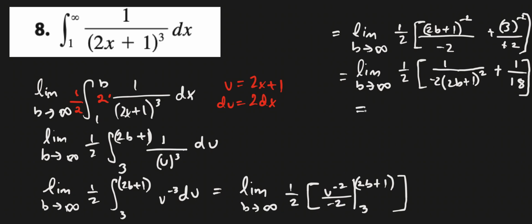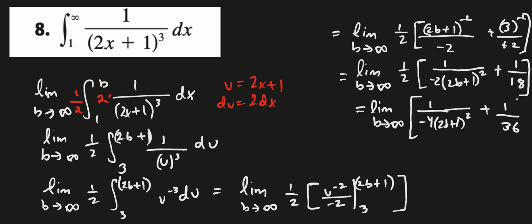So let me simplify this: limit as b approaches infinity of 1 over negative 4 times (2b plus 1) squared, plus 1/2 times 1 over 18, which is 1 over 36. I can split this up.